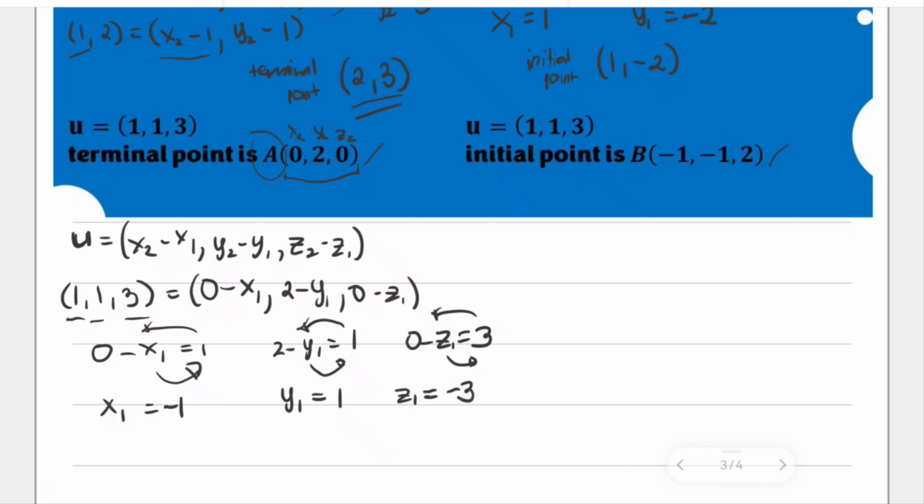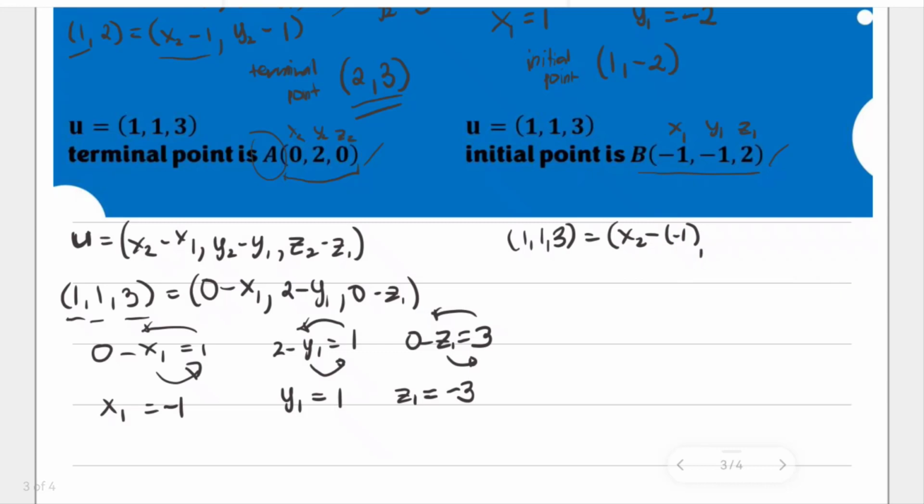And then finally, for the last given, same formula, but since this is the initial point, this corresponds to x sub 1, y sub 1, and z sub 1. So you will have your vector u with the components 1, 1, and 3 equal to x sub 2, which is unknown, minus negative 1. Okay, take note of the signs.